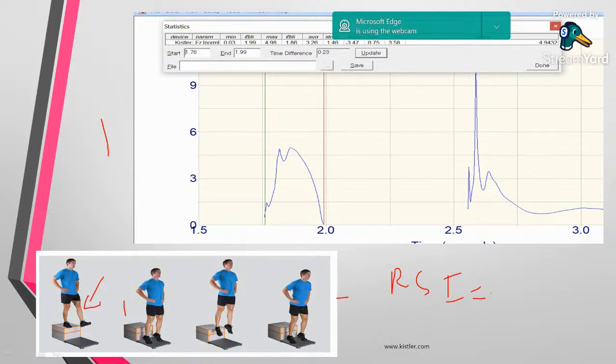Here you can see the contact time and the flight time. Using flight time we calculate the jump height, and dividing jump height by the contact time we get the reactive strength index. It should be more than one. For explosive sports, like long jump, triple jump, sprinting, the RSI should be more than one.